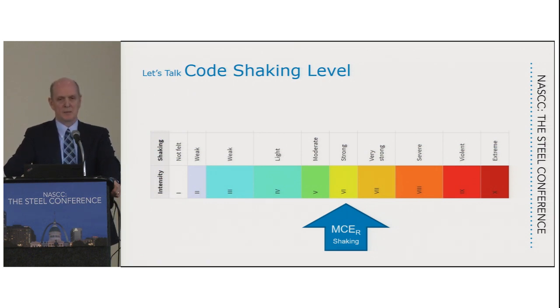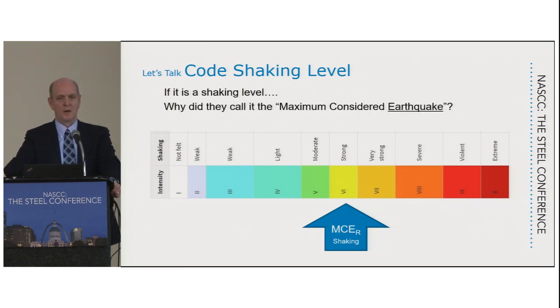It stands for maximum considered earthquake. Now, if this is a shaking intensity level, why did the code writers call this an earthquake? I don't know. But engineers have got in their mind that we design to an earthquake. And we don't. We design to a shaking intensity.